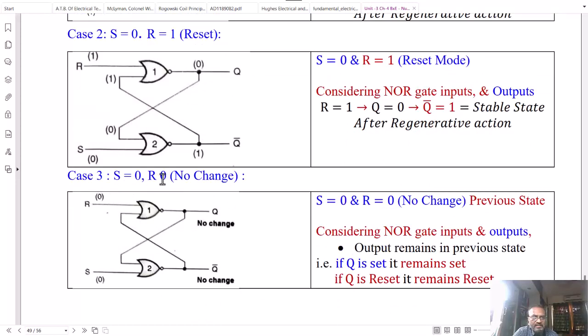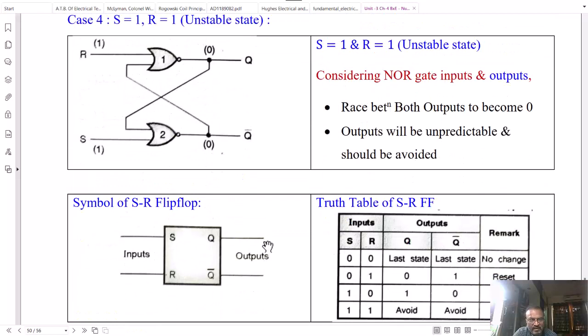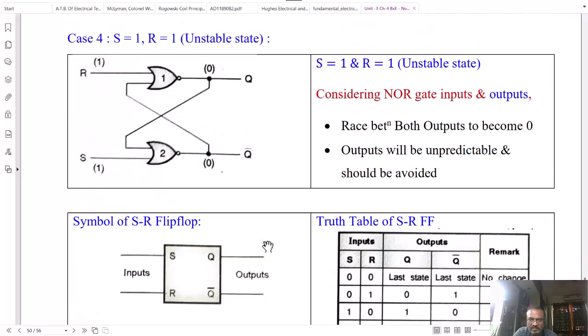Consider condition 3. Suppose both S and R are 0. When both are 0, there is no change in the output because the output depends on the previous state of Q and Q bar. So the output doesn't change when the S and R inputs are both 0.